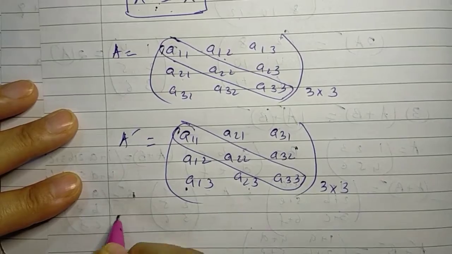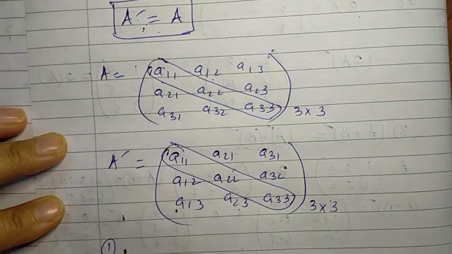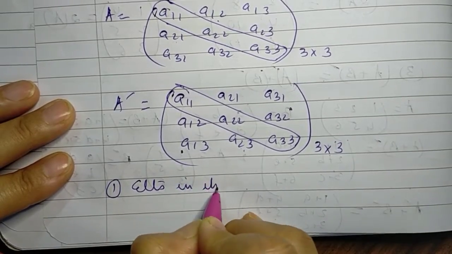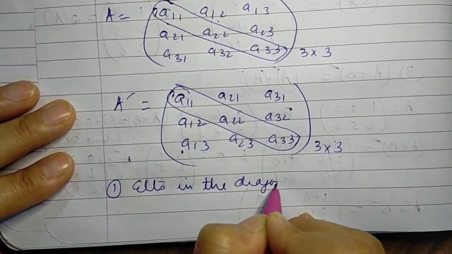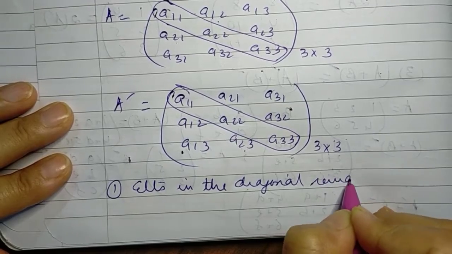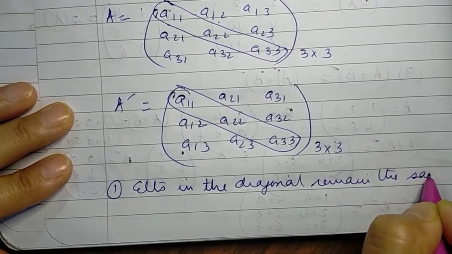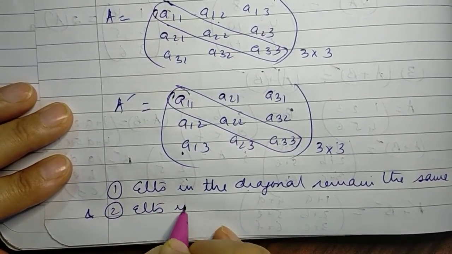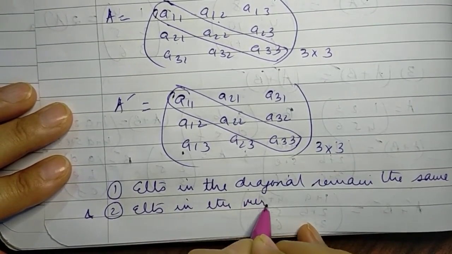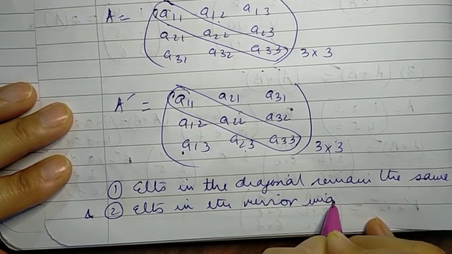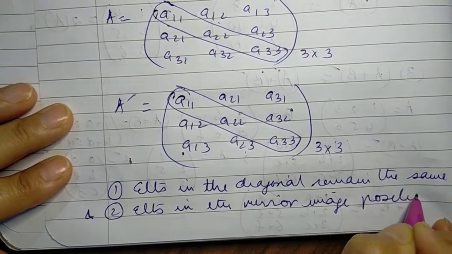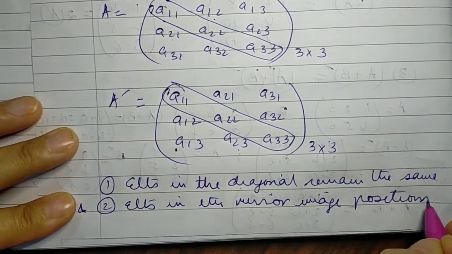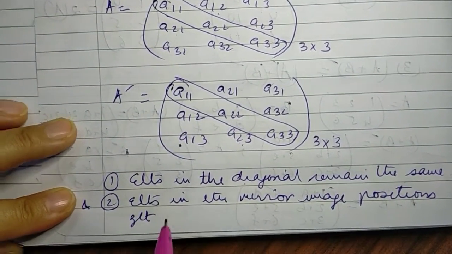So the first point is, in the case of a symmetric matrix, what do we have? Elements in the diagonal remain the same, and elements in the mirror image positions, considering the diagonal as the mirror, get swapped.